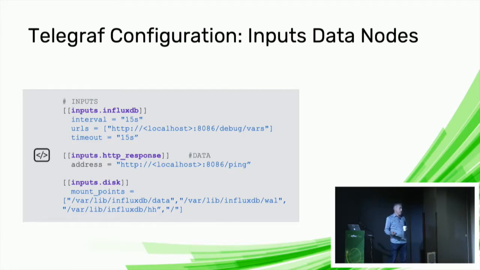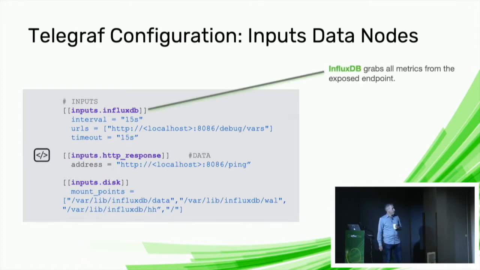Obviously the data directory, the WAL directory, the write-ahead log, the hinted handoff queue to see if there's anything building up. And I'm also checking the root directory. That seems important. Sometimes operating system updates or other things that a support person might do will show up in the root directory and can chew up disk space. So it's important to capture those 4 things.